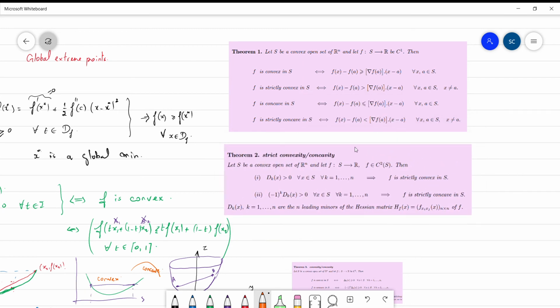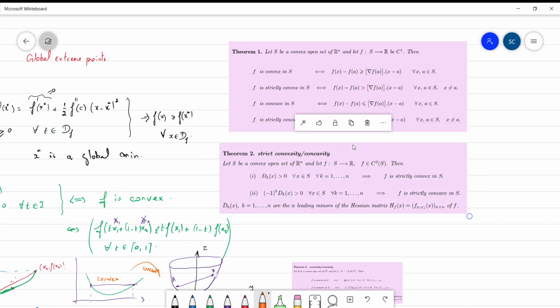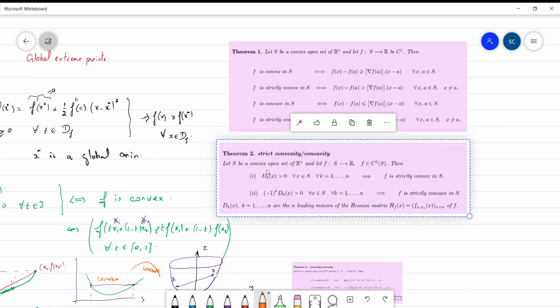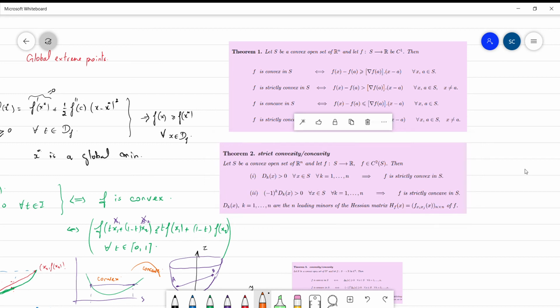What happens? So again, we need a convex domain, here open. Then what happens with the positivity?